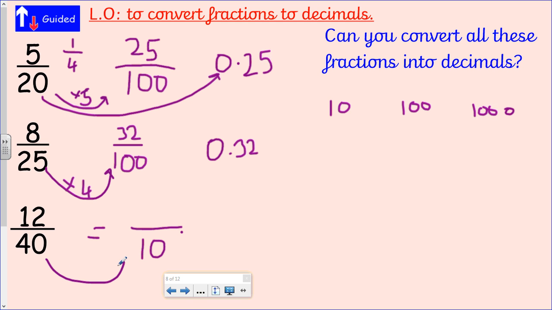So from 40 to 10, I am dividing by 4. 40 divided by 4 is 10, which means I need to divide our numerator, the 12, by 4. 12 divided by 4 is 3, which reads as 3 tenths. So again, we've got a nice simple job there. 3 tenths, 0.3. So to answer the question, fraction into decimal, 12/40 is 0.3.